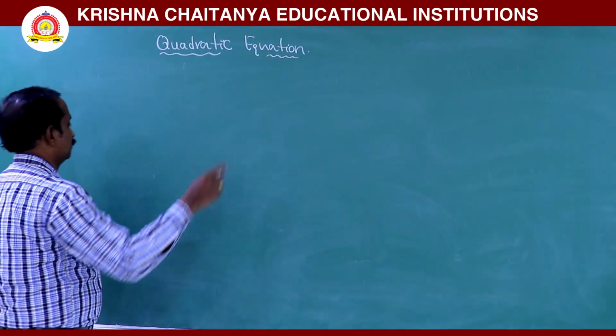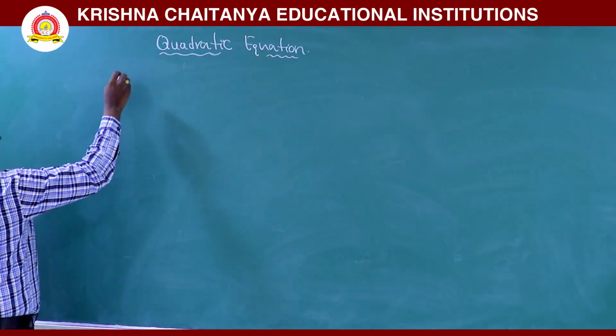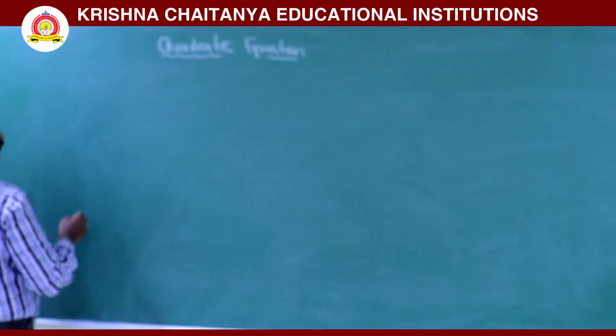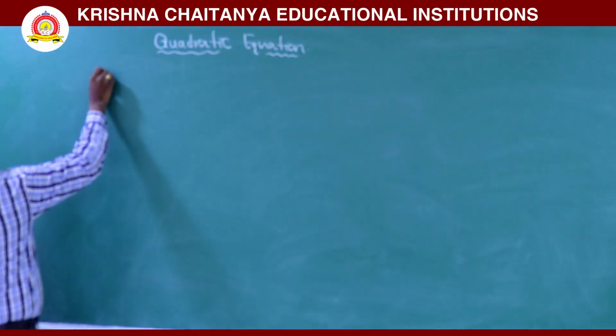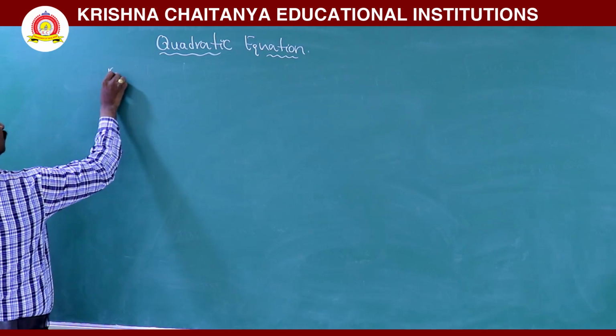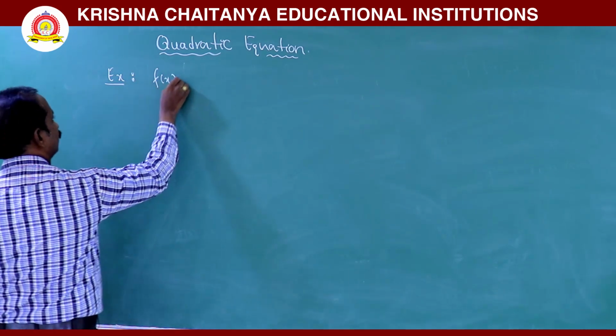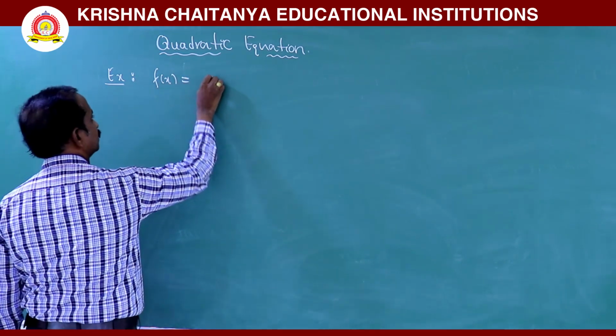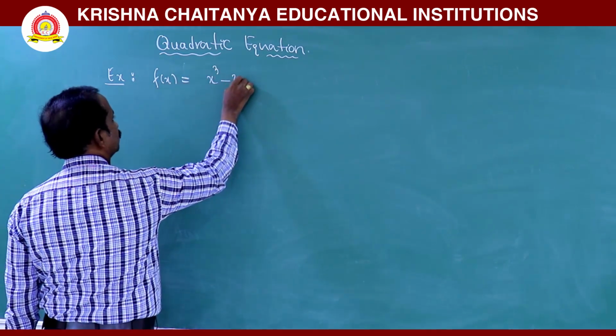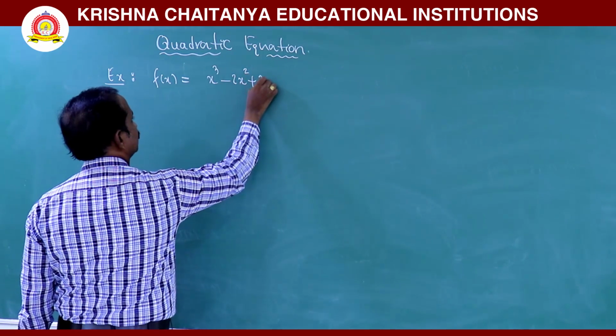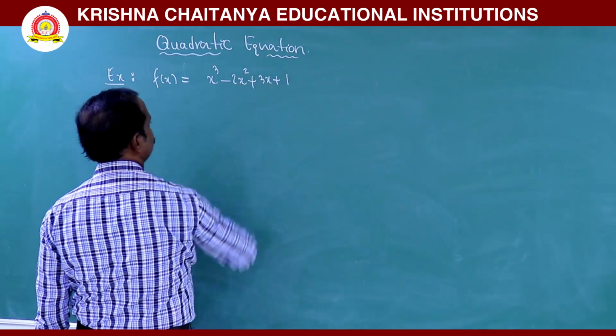Now we move to examples of which are polynomials and which are not polynomials. For example, given f of x is equal to x cube minus 2x square plus 3x plus 1.